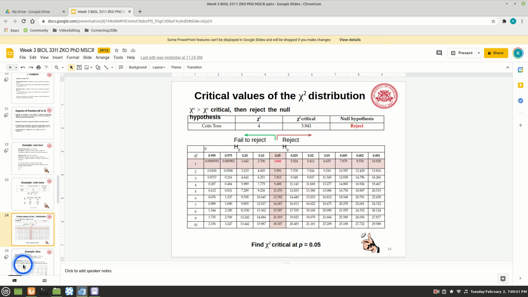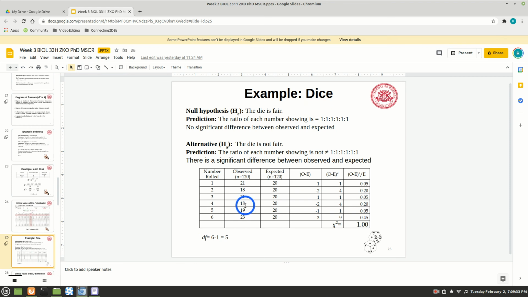All right, moving on a little bit more. Here it's much more difficult because we have a ratio of how many? 1, 2, 3, 4, 5, 6 different. Like if this were flowers, you'd have 6 different colors of flowers that you could be. And so, of course, if you have 6 different possible outcomes, like instead of just purple and white, if you had 1 through 6 on a die, you would start with 6 and then minus 1 gives you 5 degrees of freedom.